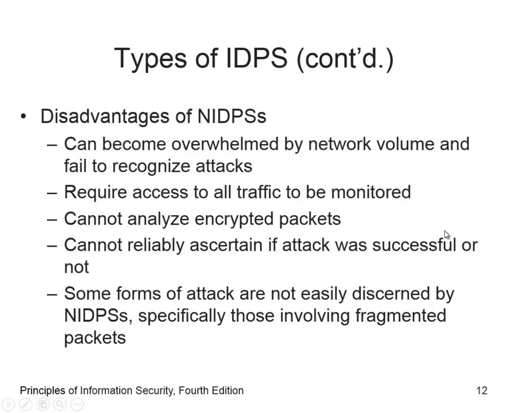Some of the disadvantages: the network IDS can become overwhelmed by network volume and fail to recognize attacks it might otherwise have detected. They require access to all traffic to be monitored. They cannot analyze encrypted packets, making some of the network traffic invisible to the process.